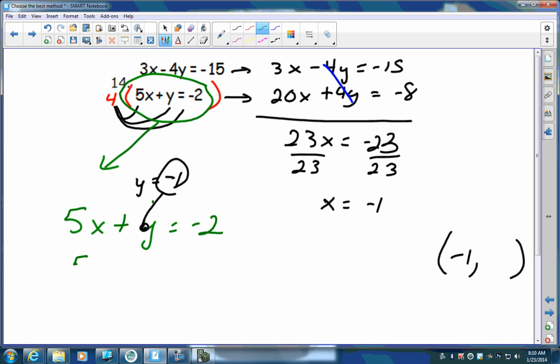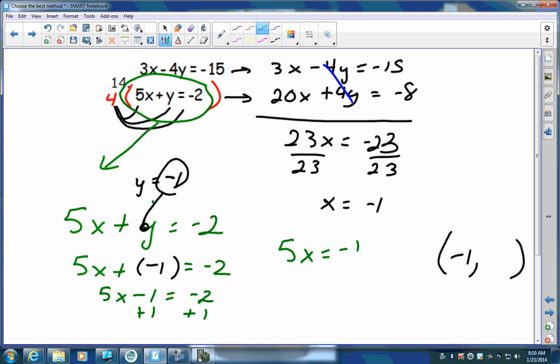So I get 5x plus, be careful, negative times a positive is a negative, 5x minus 1 equals negative 2. Add 1 to each side. 5x equals negative 1. Divide by 5. No, you're not seeing things. Negative 1/5. That is not negative 5.